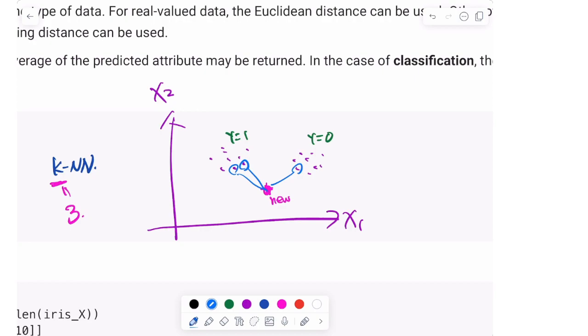So it's quite straightforward. For this new data point, the prediction of its class is 1. It's just like voting. That is the basic concept of K-nearest neighbors. It is a very straightforward algorithm.